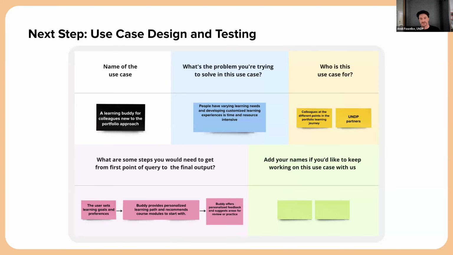It walks you through certain steps and designs custom quizzes based on your level of knowledge about portfolios. Or it will help you design the sense-making workshops that I showed you earlier, or help you communicate about portfolios. So we're trying to refine the bot in such a way that it becomes really useful, and we're doing that with teams across UNDP.